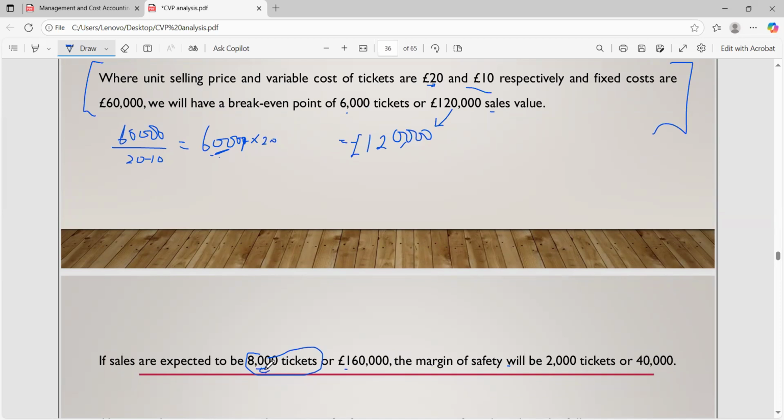The expected was 8,000. That would give us 2,000 in terms of ticket units. But in terms of value, your break-even was 120,000, and then your expected is 160,000, giving you 40,000. That is the margin of safety.